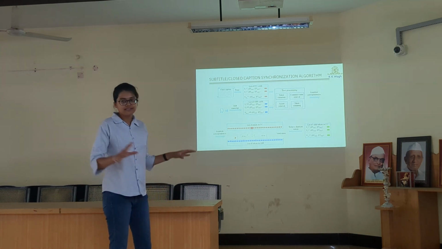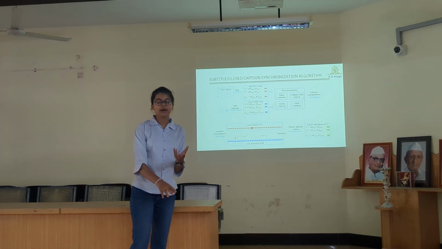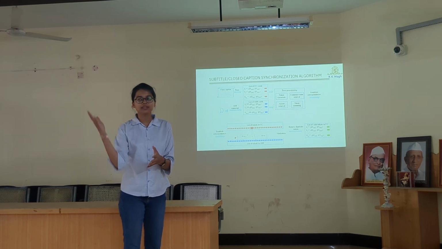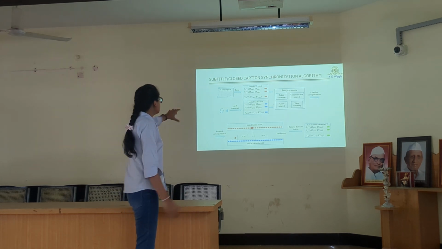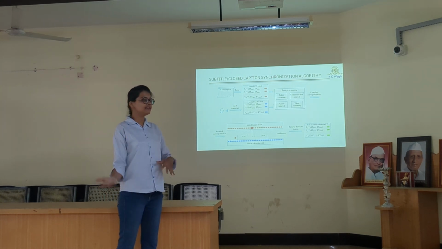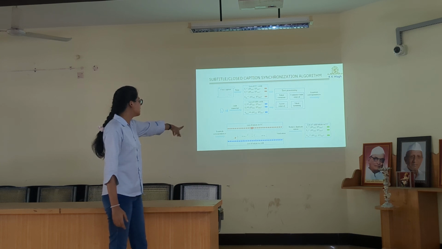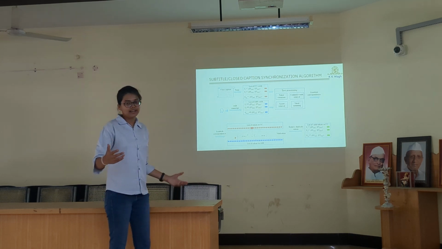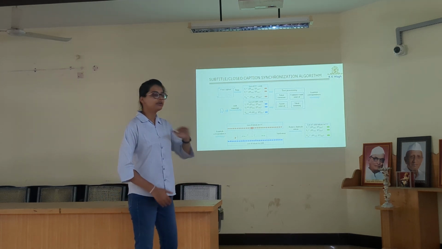After establishing this correspondence, that is after giving it the start time and end time, two lists are made. One for the human closed caption, that is CC, and the next one for ASR. In this, the duplicates are removed.